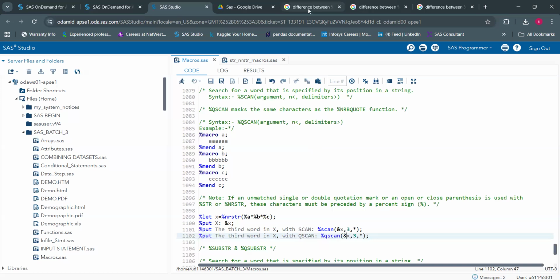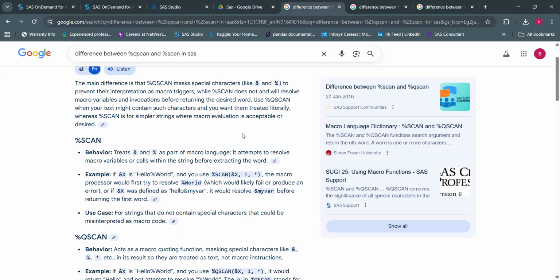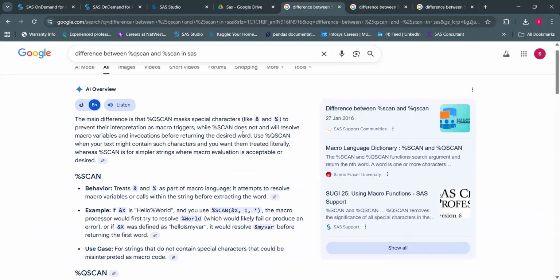Before I jump on to this, let's have a quick dive into the difference between QSCAN and SCAN. The main difference is that QSCAN masks special characters like ampersand and percentage to prevent their interpretation as macro triggers.